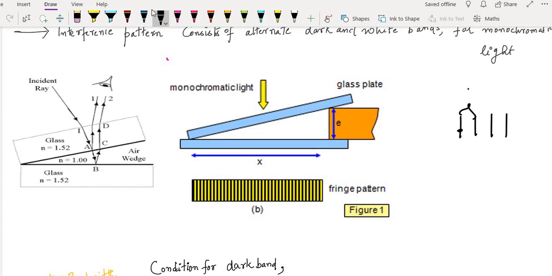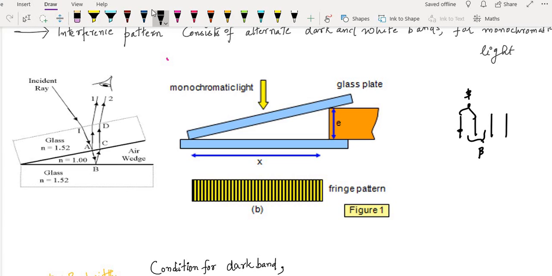The distance between adjacent or consecutive dark bands, or consecutive bright bands, is known as the bandwidth.